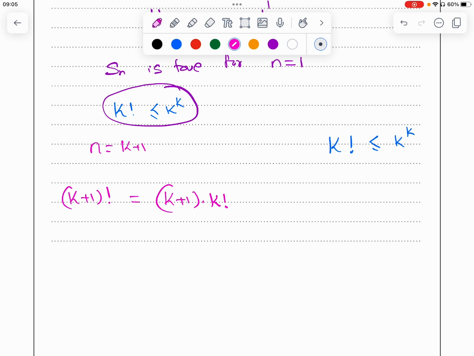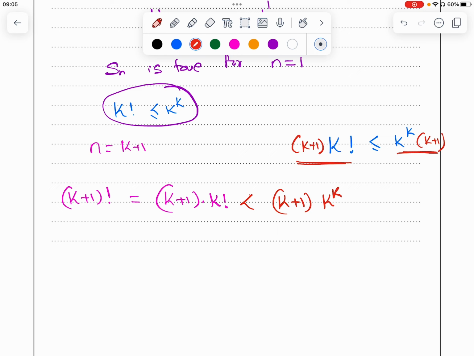So I multiply by k plus 1 on both sides. What do I get? k plus 1 times k factorial is less than or equal to k power k times k plus 1. So I can write this as less than k plus 1 times k power k.